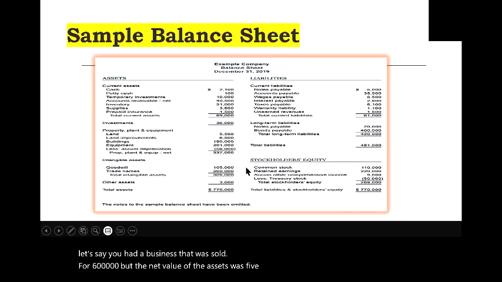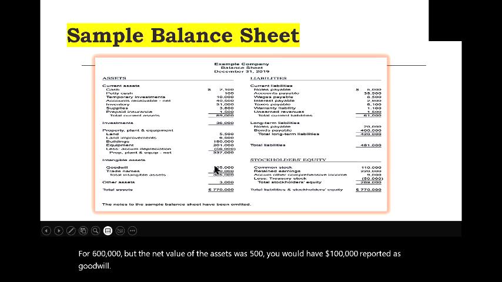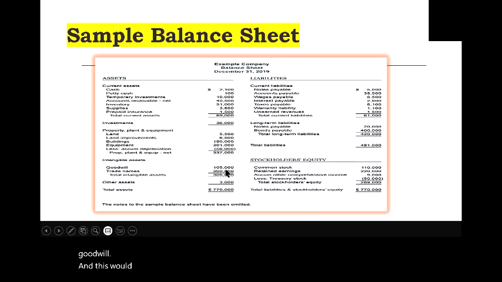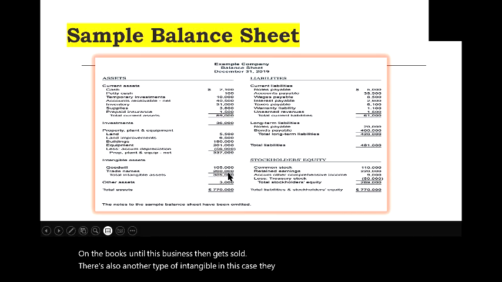You would have $100,000 reported as goodwill, and this would be on the books until this business then gets sold. There's also another type of intangible. In this case, they have trade name, copyright. All of those are examples of intangibles.